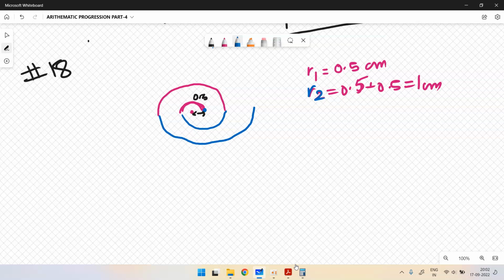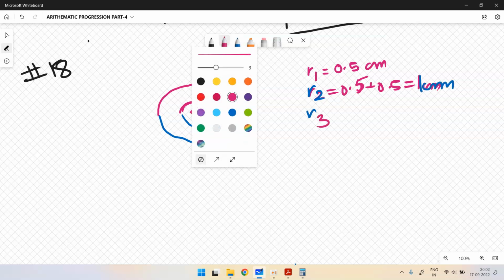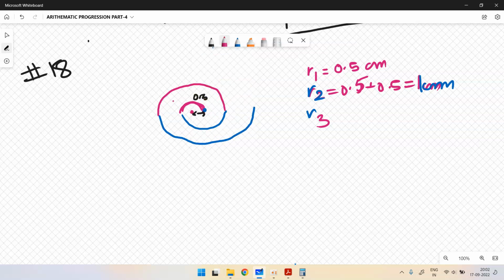And similarly for R3, the center will be here, and the radius from here to here will be 1, 2 and 3. So R3 will be R2 plus 1.5.